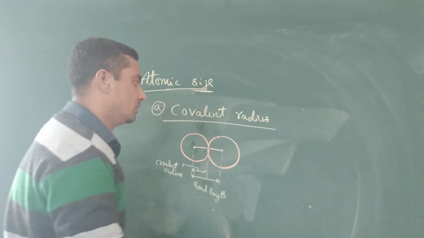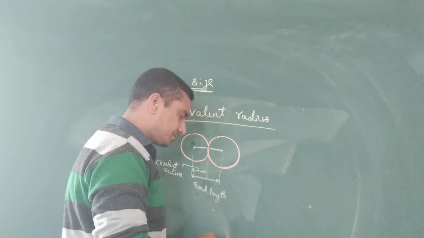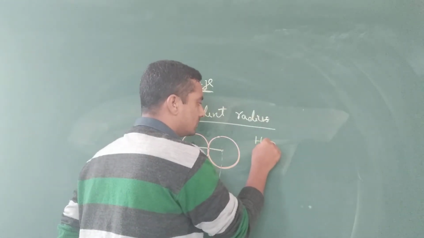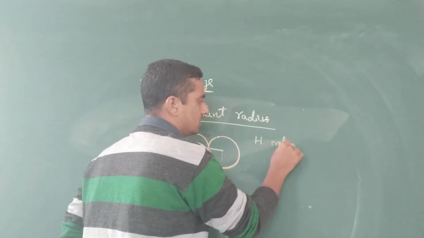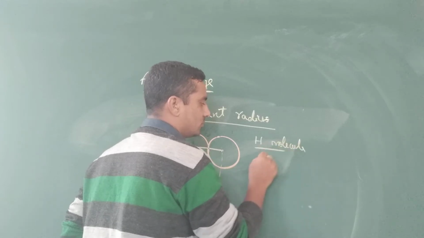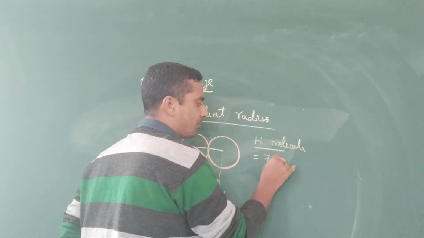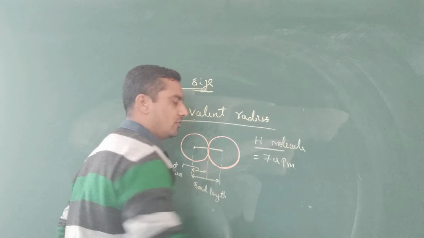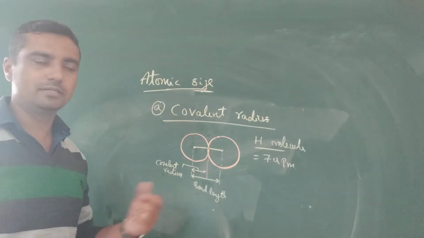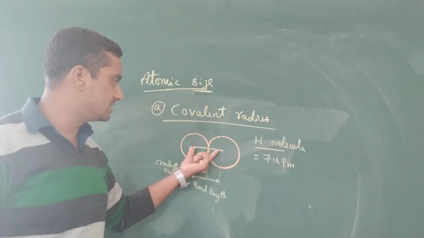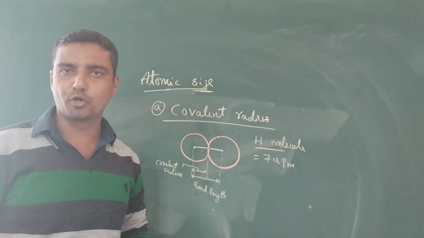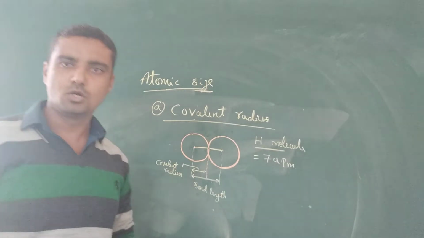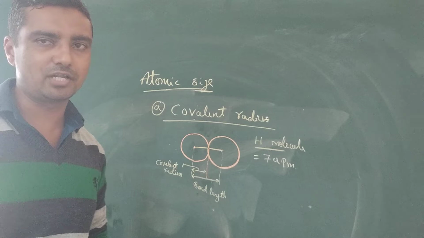Just assume the covalent radius of the hydrogen molecule. We know that is 74 picometer. That is nothing but the distance between the two nuclei.